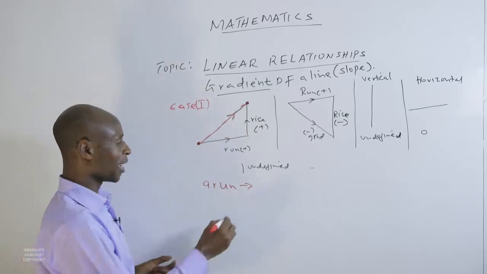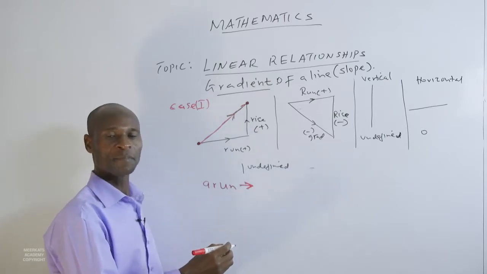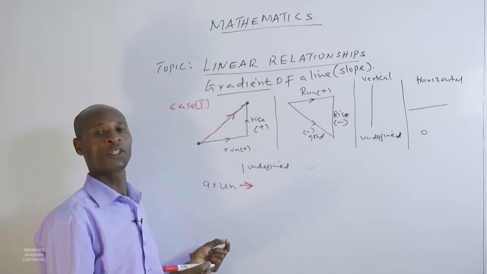So a run implies the distance between 2 points horizontally.